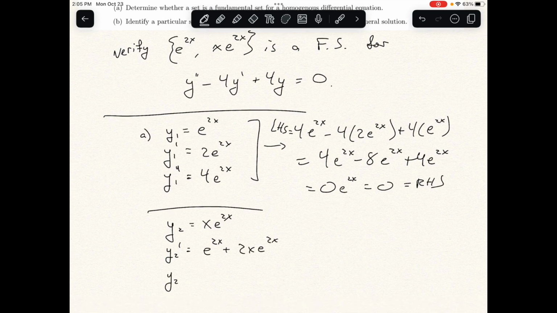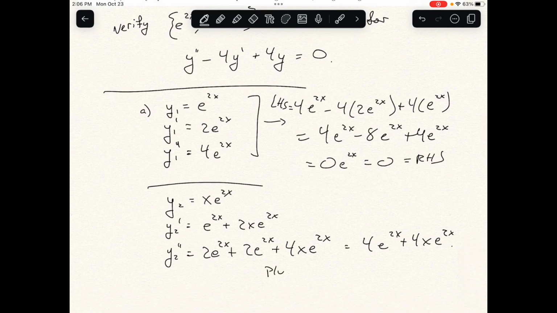You get 2e to the 2x plus, do a product rule in that term, 2e to the 2x plus 4x e to the 2x. So that would be 4e to the 2x plus 4x e to the 2x. Plug in, show that the left-hand sides are equal, and so on and so forth. I'll spare you the details.